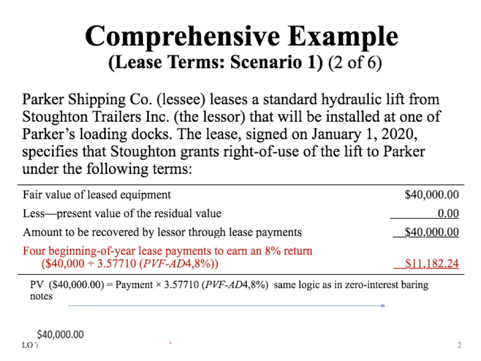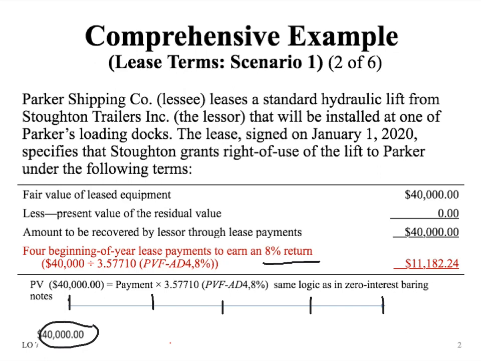I explained it in the prior video, but just in case, a quick repeat: the lessor will have to imagine that since the fair market value of this asset is $40,000 right now, they would like to return all that amount, and they would like to impute or build in an 8% return into the calculation.